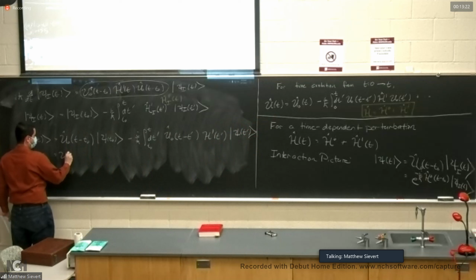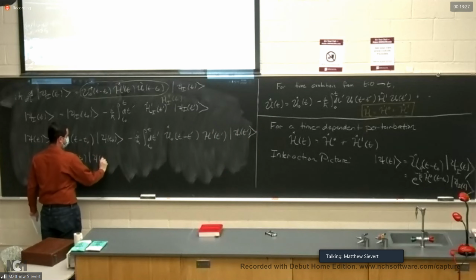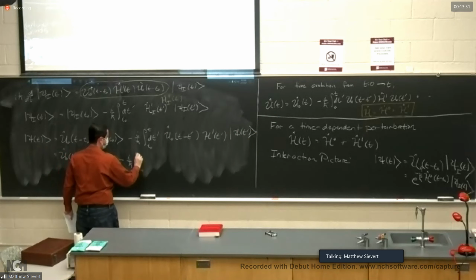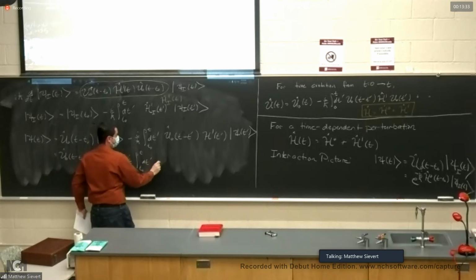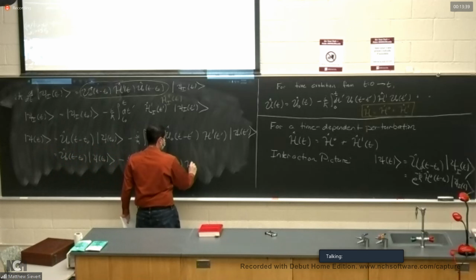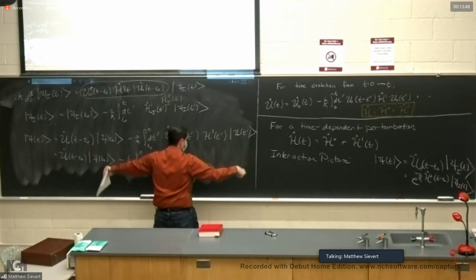So this is U naught of t minus t naught, psi of t naught, minus i over h bar, integral from t naught to t, dt prime, U naught of t minus t prime, H1 of t prime. This one I write as the bare propagator plus the second order correction.